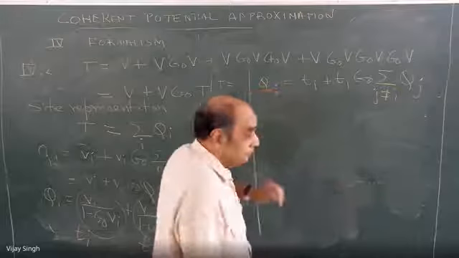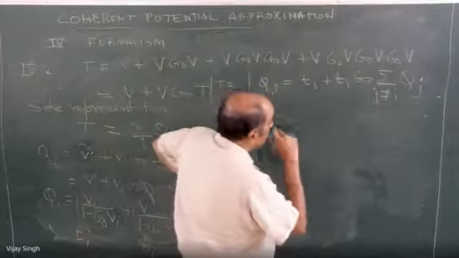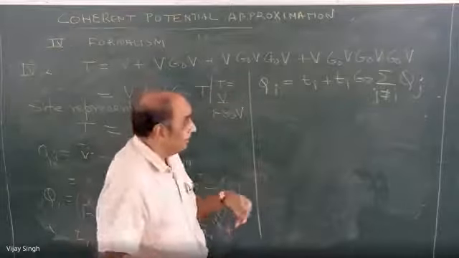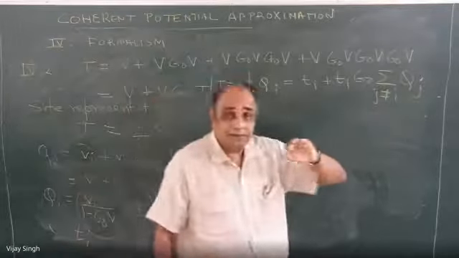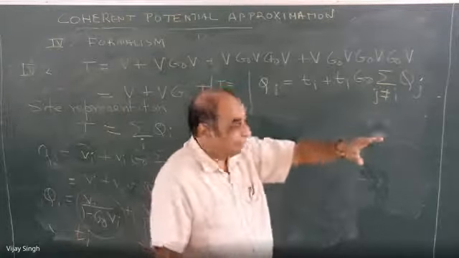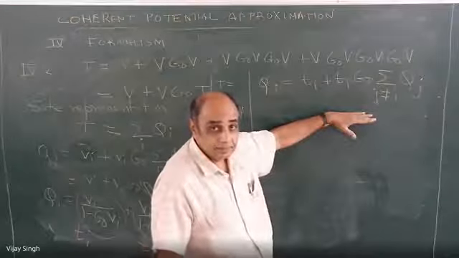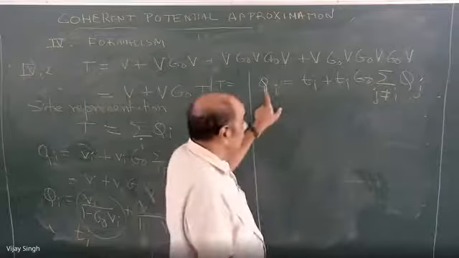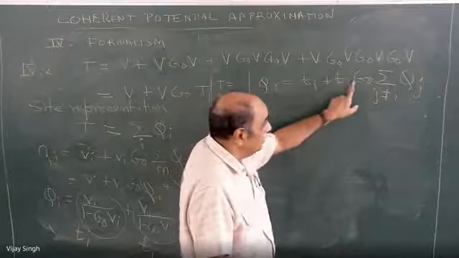Let me continue. So you have this. Now I do something equally interesting. I note that there is a certain iterative character to this expression, the same kind of iterative character which exists for Green's function. I have Q_i, T_i, G0, Q_j.